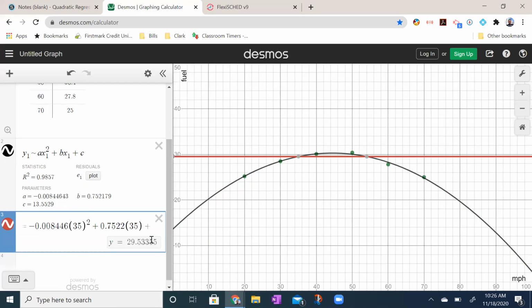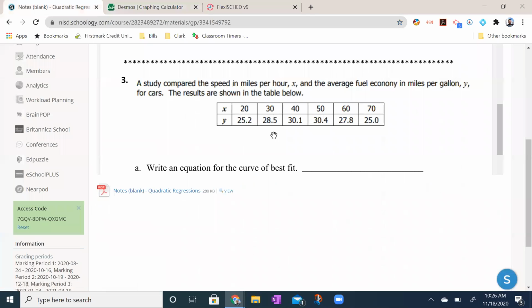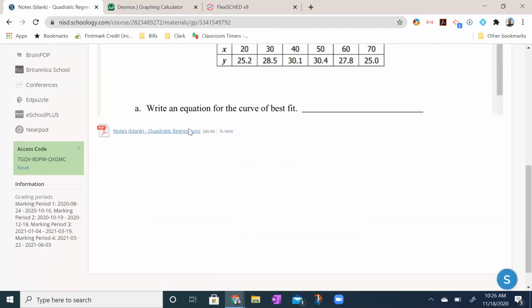It makes sense if you look at your range of data: that's between the 28 and the 30, so that's reasonable. That would be my answer for part B.